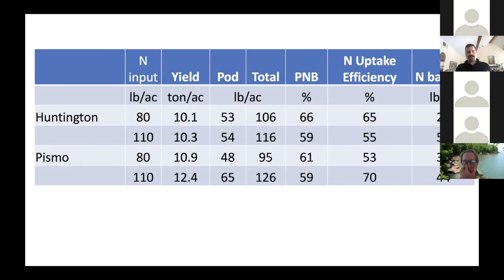So snap bean kind of has this other approach where we're seeing these medium efficiencies for PNB, medium efficiencies for how the fertilizer has been taken up, but by the end, because these are under high yielding conditions, when we're getting those high yields relative to those high inputs, the balance still works out pretty well. And also just the idea that a lot of that nitrogen's in the pod.